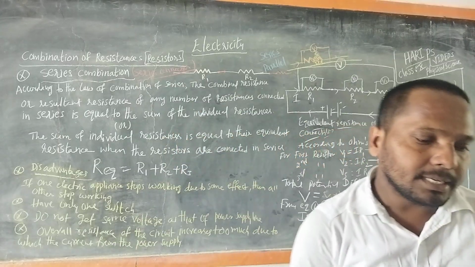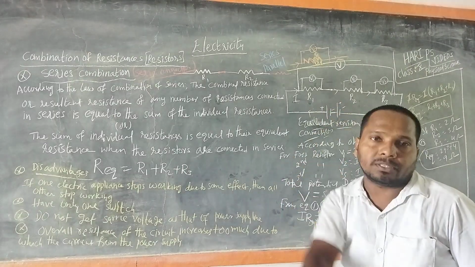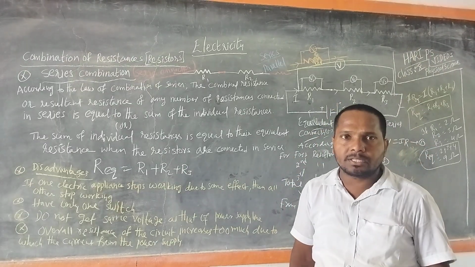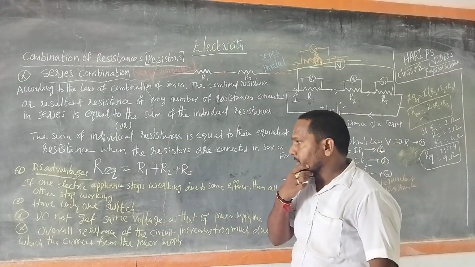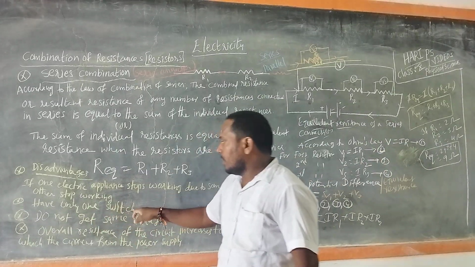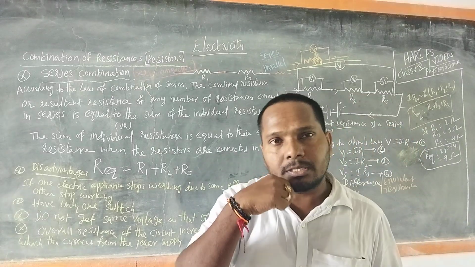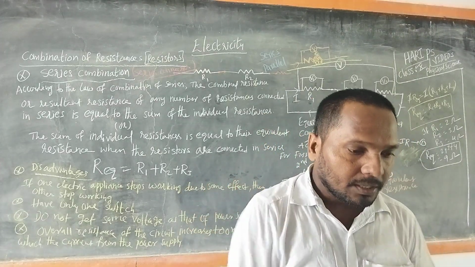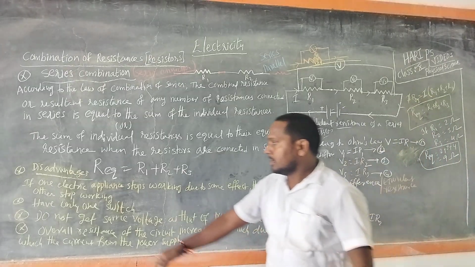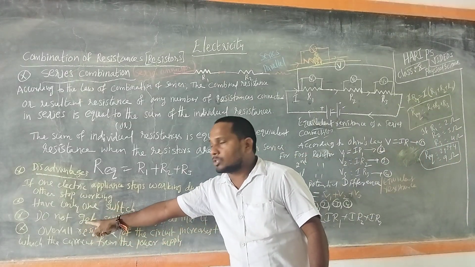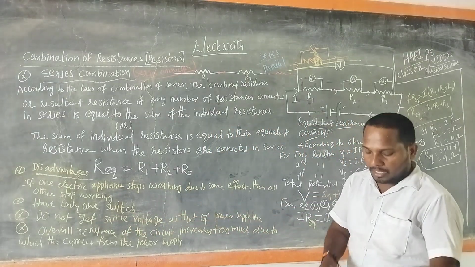Then in a series circuit, all the electrical appliances have only one switch. We have to use only one switch to turn on and off all the electrical appliances. Also, the appliances do not get the same voltage as the power supply.